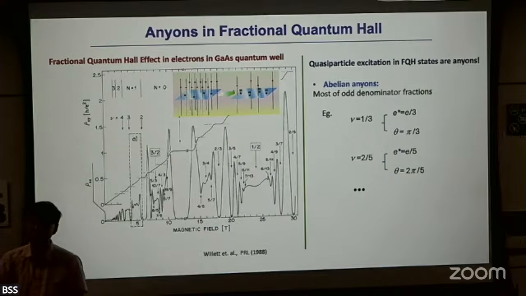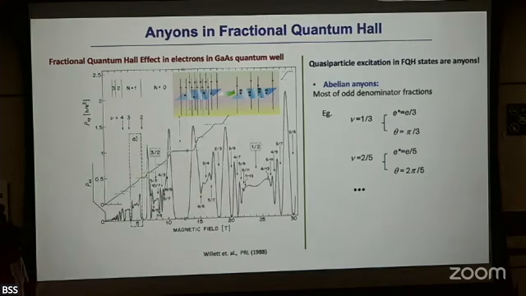In other words, exchanging two quasi-particles gives a braiding phase of pi over 3 for nu equal 1/3. For 2/5, the fractional charge is 1/5, and the braiding angle is something like this, and so on, right? So that's one part.